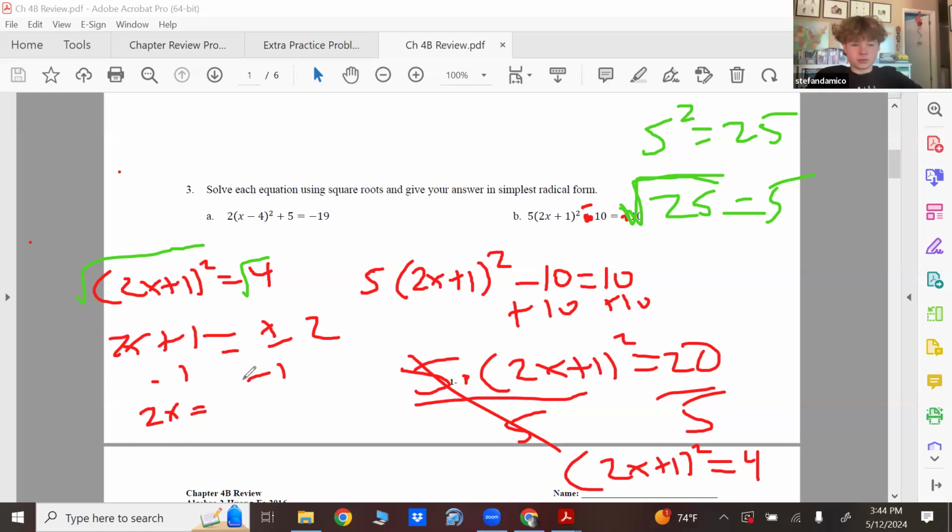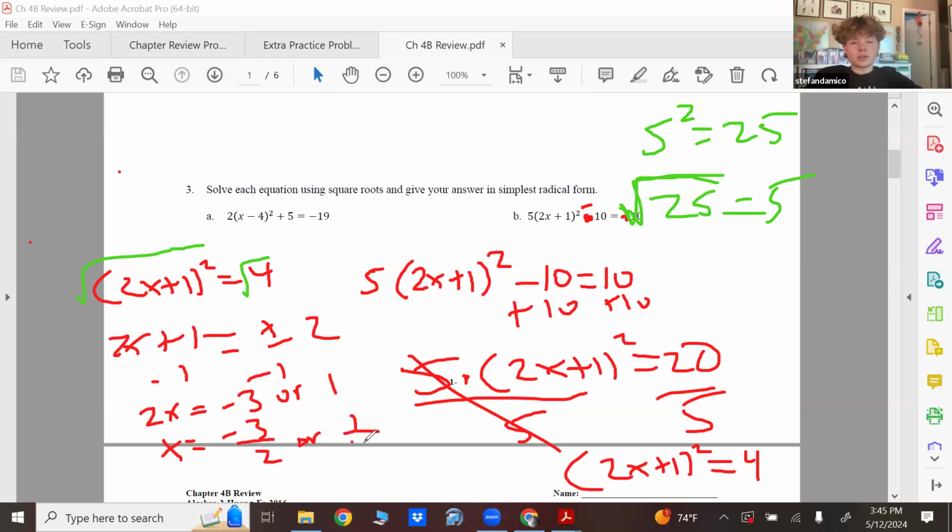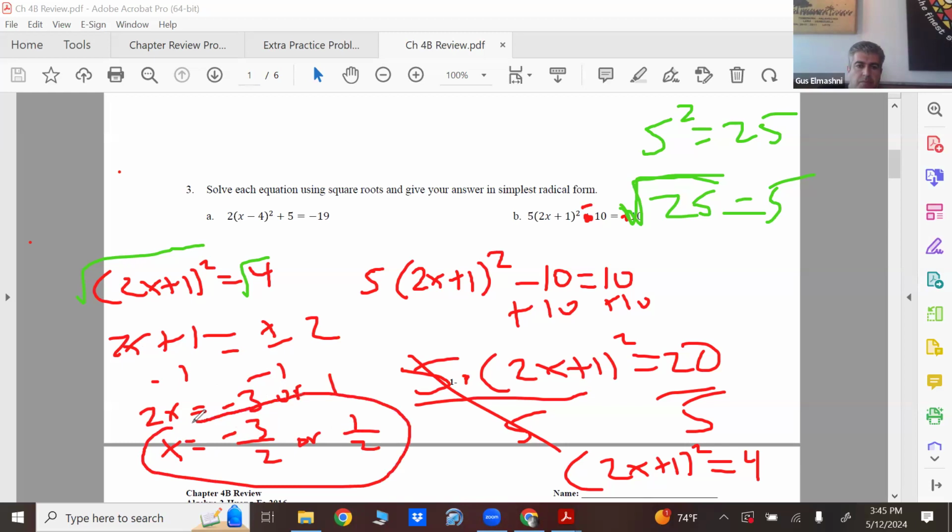So you have -1 plus 2, which is 1, and -1 minus 2, which is -3. Sorry, you're right. And then you divide by 2. So there you go. Those are your answers.